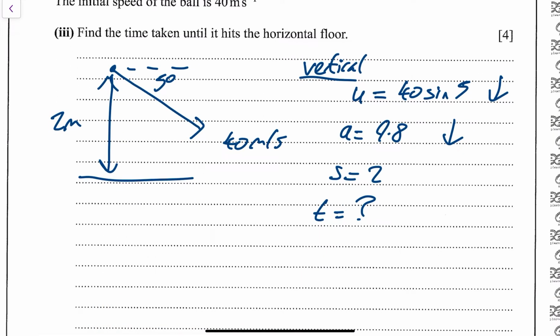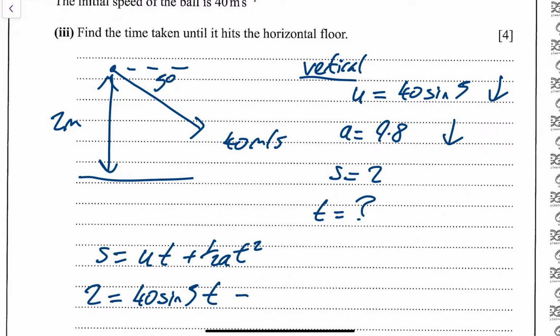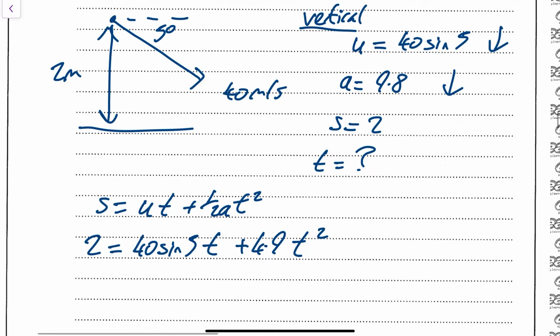So you're just going to use s equals ut plus a half at squared. So just fill that in. 2 is equal to 40 sine 5 times t, and a half times the 9.8 will be 4.9 t squared. So it's a quadratic equation.